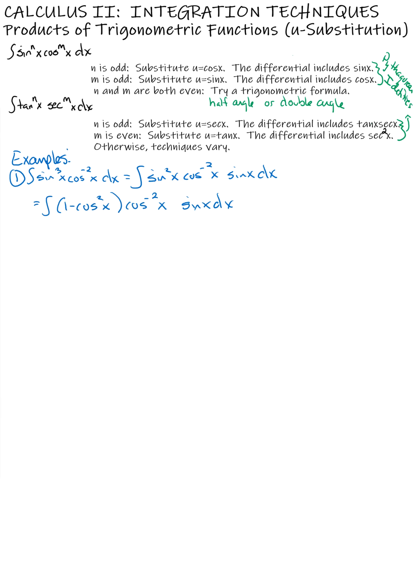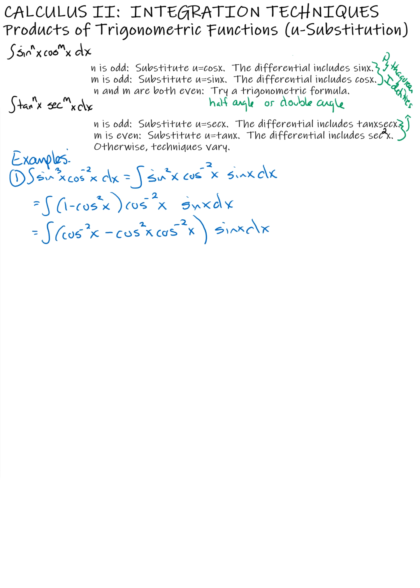Next thing I want to do is let's go ahead and take this cosine to the negative 2 and distribute it. So we get cosine to the negative 2 of x minus cosine squared x times cosine to the negative 2 of x, and sine x dx there still in the back.